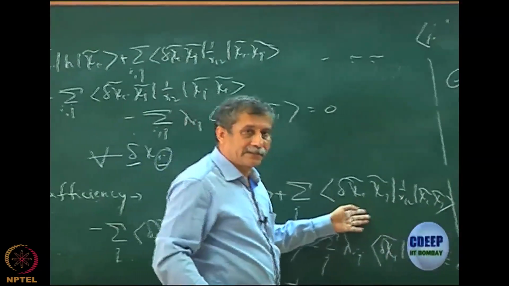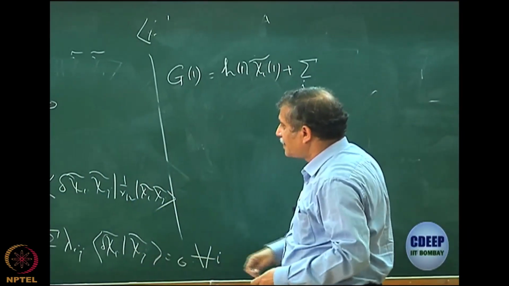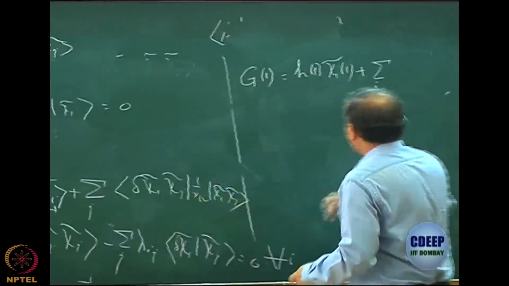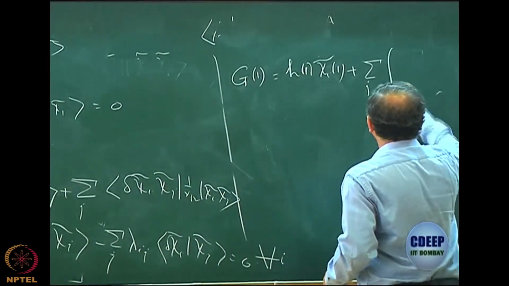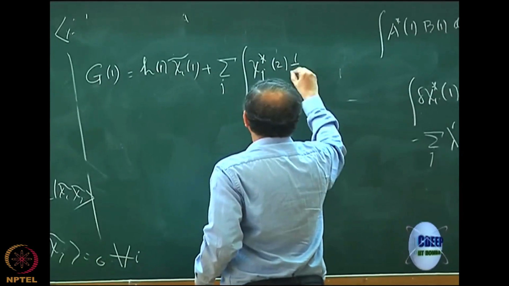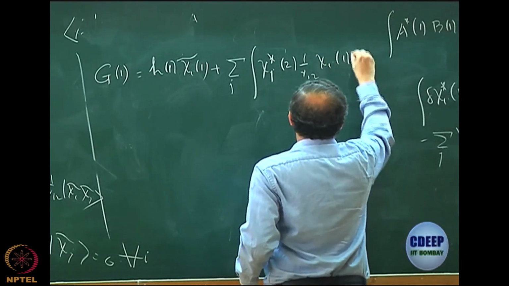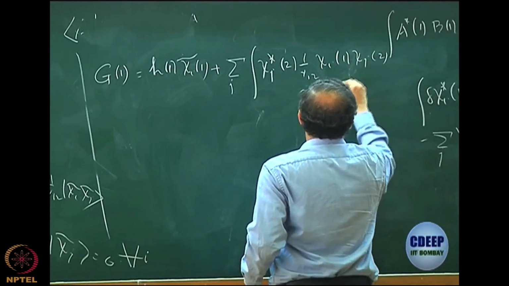Actually, I can see from here. I need not go there. So again, I write the chi I tildes. So now you can see, sum over j, I write it in full form: chi j star 2, 1 by r12, chi I 1, chi j 2, d tau 2.